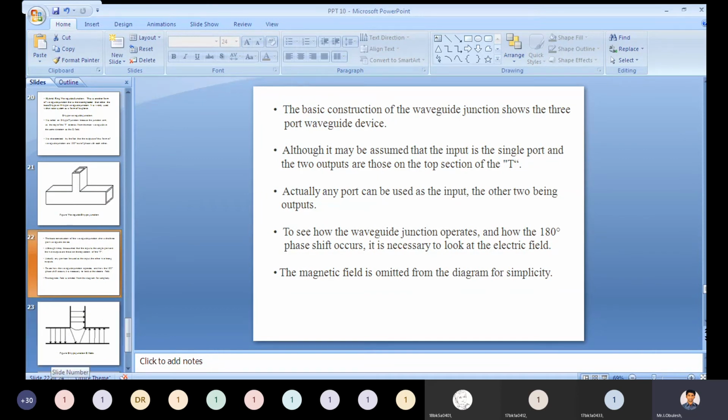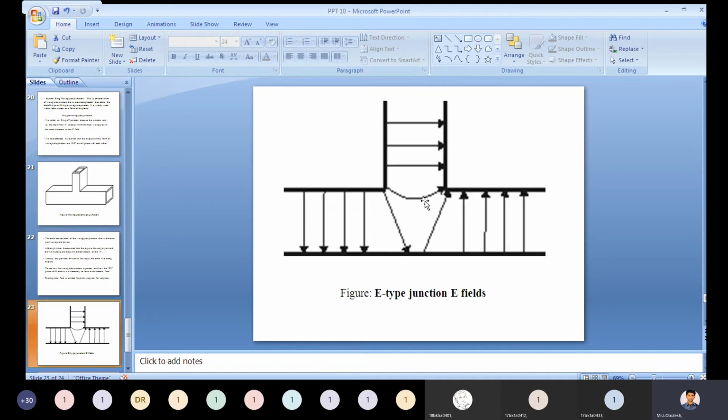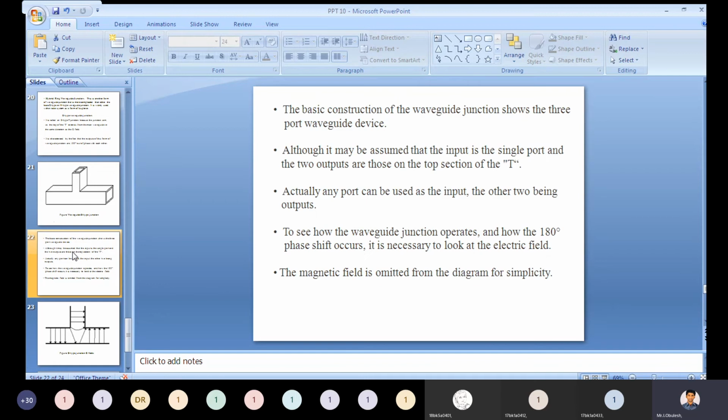Actually, any port can be used as the input. You need to use any one port as the input port, and the remaining two will act as output ports.